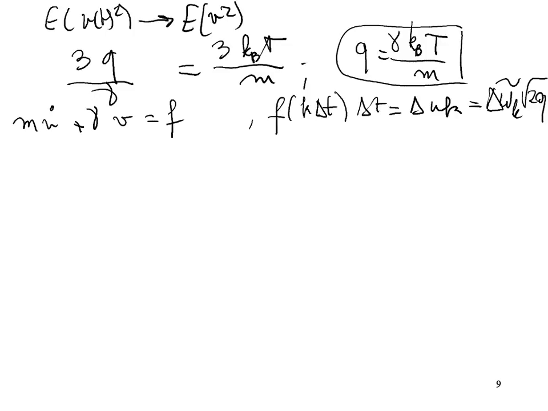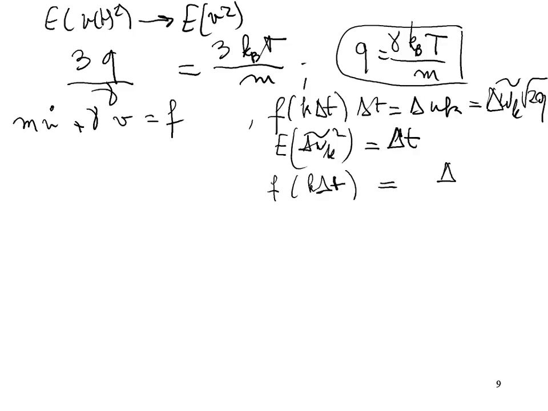By definition, the expectation of d omega tilde squared, this being Brownian motion, is simply delta t. So formally we can write f of k delta t equals d omega k tilde times square root of 2q divided by delta t.